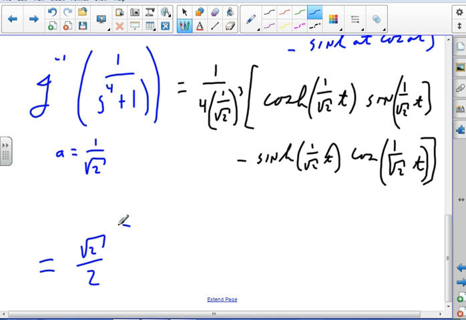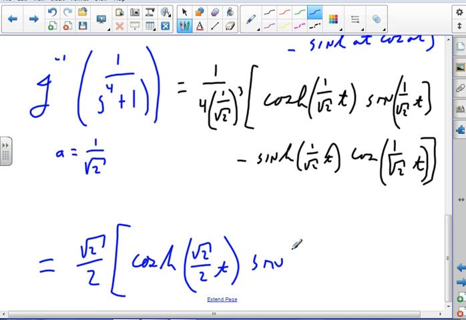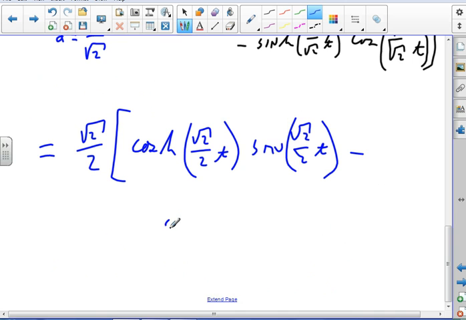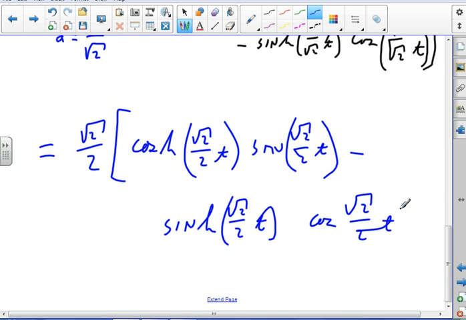So that'll be square root of 2 over 2. This is going to be the hyperbolic cosine of square root of 2 over 2t sine square root of 2 over 2t minus hyperbolic sine square root of 2 over 2t cosine square root of 2 over 2t.